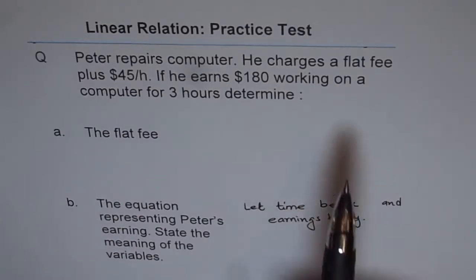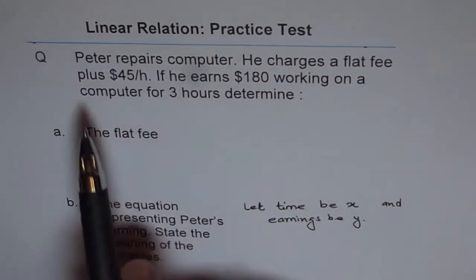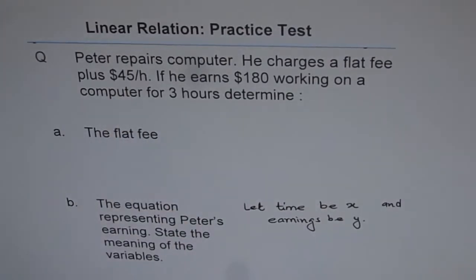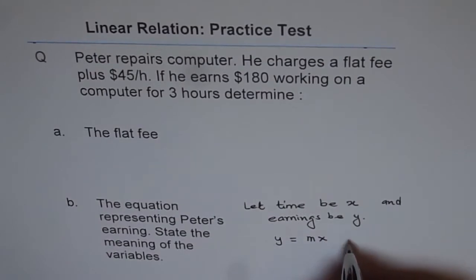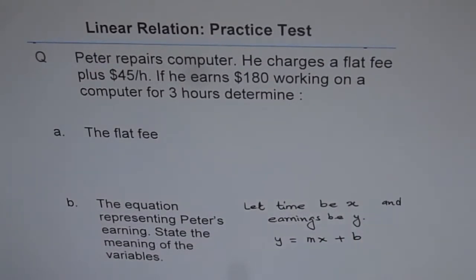Now as you see, he charges a flat fee plus a rate. That means it is an equation of the form y equals mx plus b, where b is the flat fee. That is, if time spent is 0, even then that will be charged.